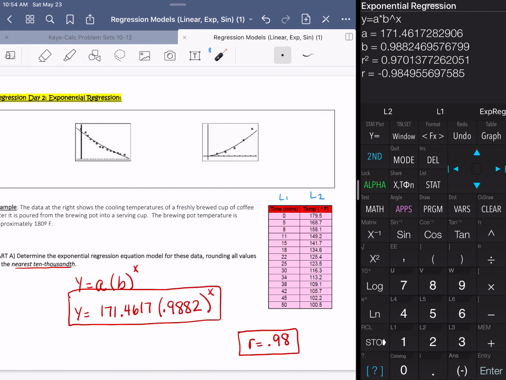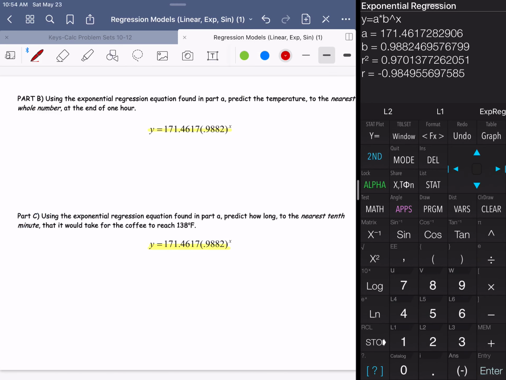So let's go back. Temperature is our y value, where time is our x value. With any equation or table of values, this is always your x values and this is always your y. So the temperature is y, so predict the temperature y when the time is 1 hour.